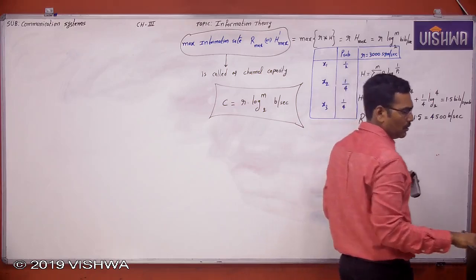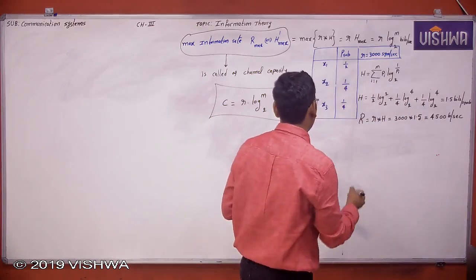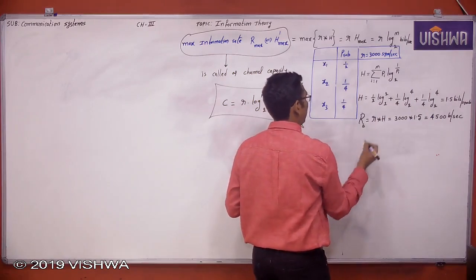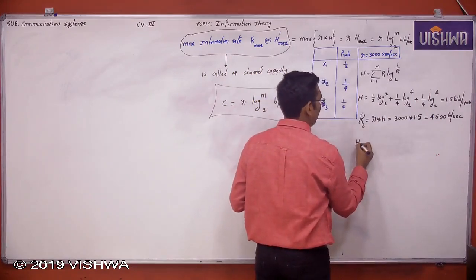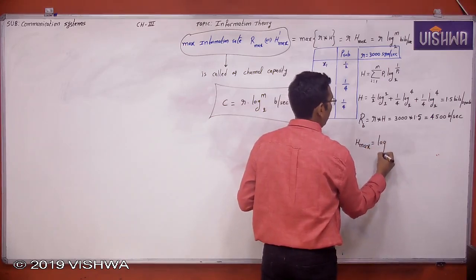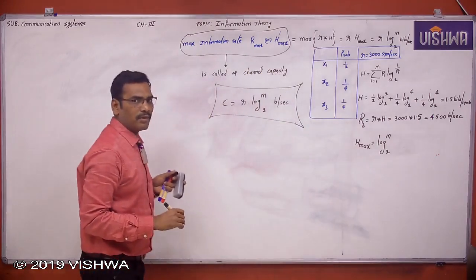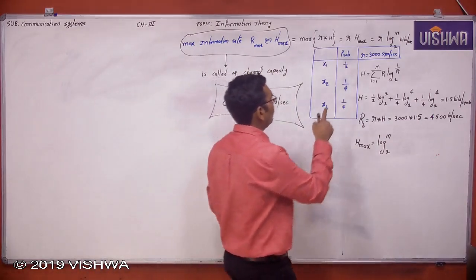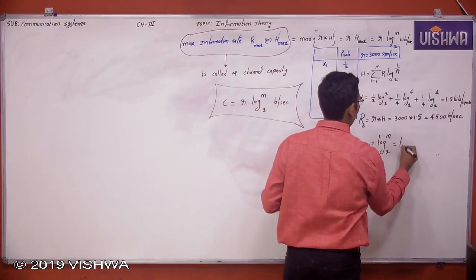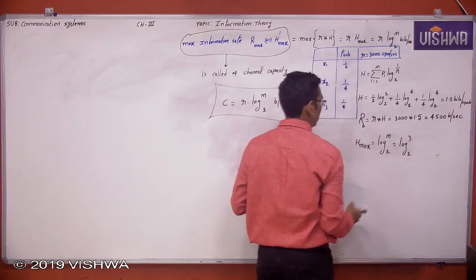We call this the bit rate or information rate. And the maximum entropy is equal to log m base 2, where m is the total number of symbols. The total number of symbols is 3, so it is log 3 base 2.